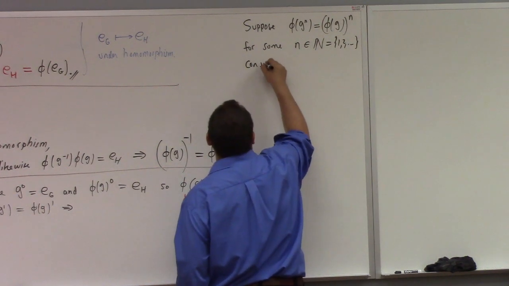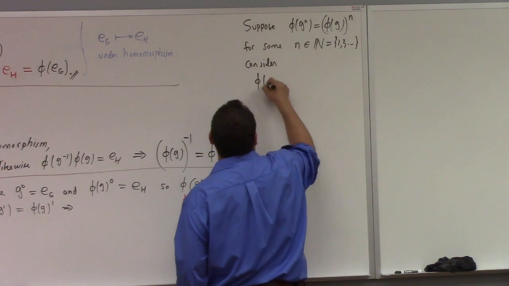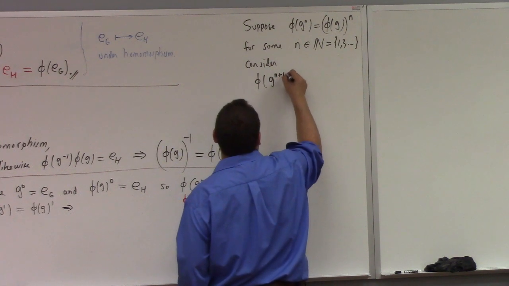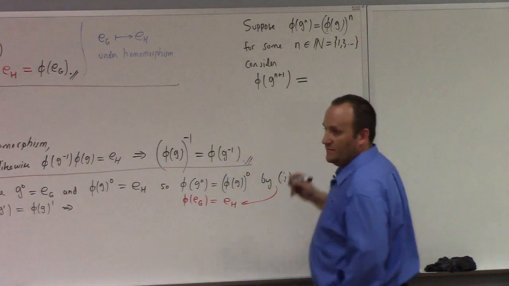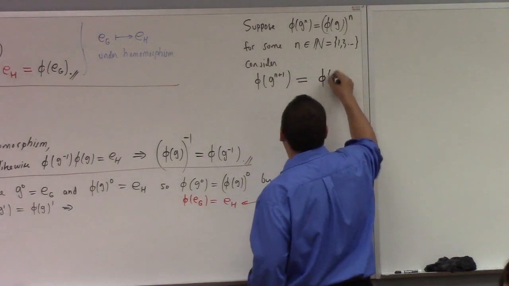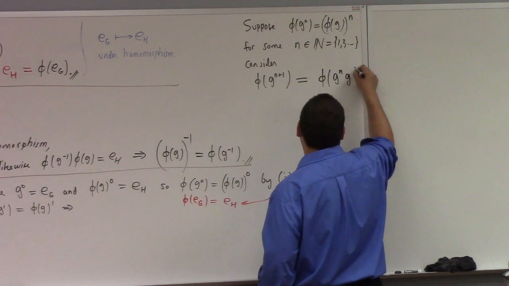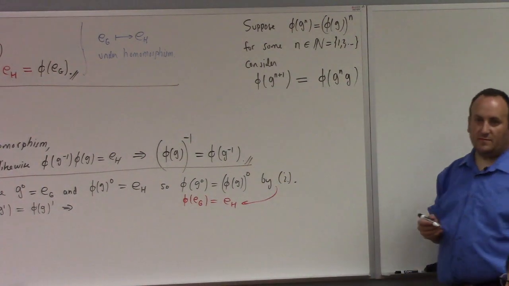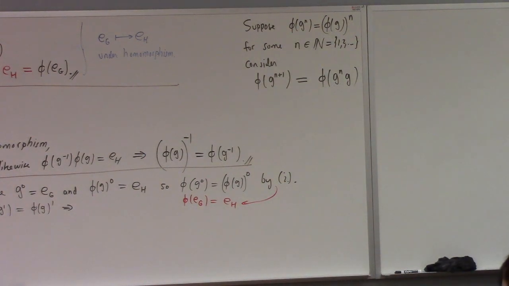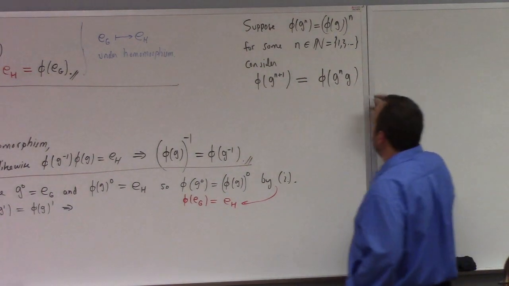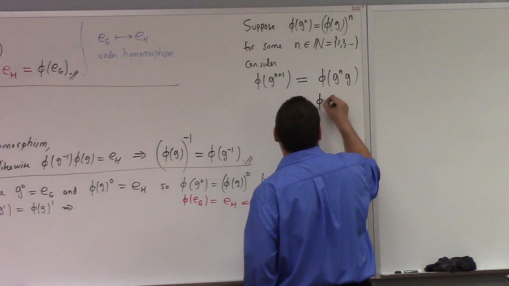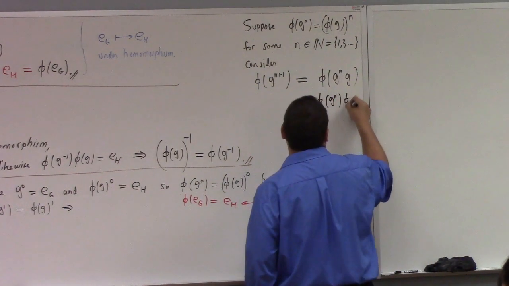Consider phi of g to the n plus 1. What's that equal to? By definition, that is phi of g to the n times g. That's our definition of g to the n plus 1. We defined it recursively. Then what? Well, this is phi of g to the n times phi of g. Why can I do that?